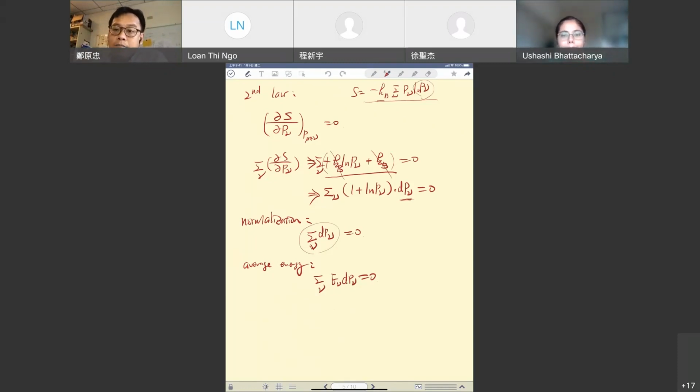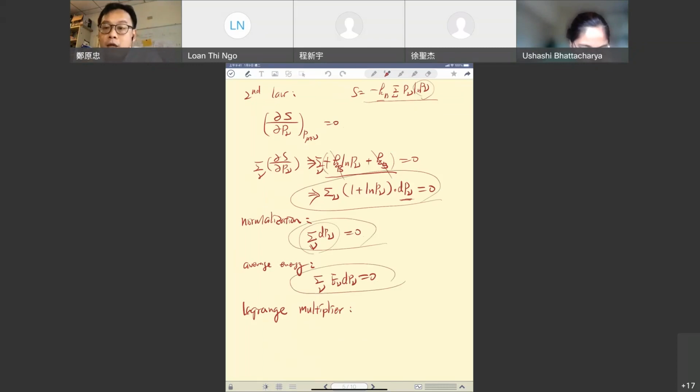And the Lagrange multiplier is a mathematical technique to ensure all those equations are satisfied. We introduce an arbitrary number, a value called a multiplier.